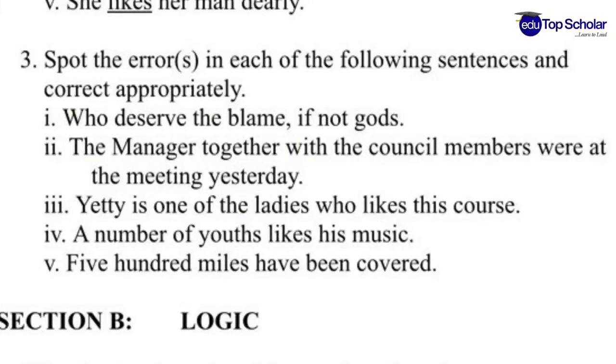Then the second part of the sentence, if not God. There are two things that are wrong with that. If not, an article has been omitted, it must have an article: if not the gods. So the sentence now reads, who deserves the blame if not the gods? But there's another thing that is wrong with the sentence. It is supposed to have a question mark after it.